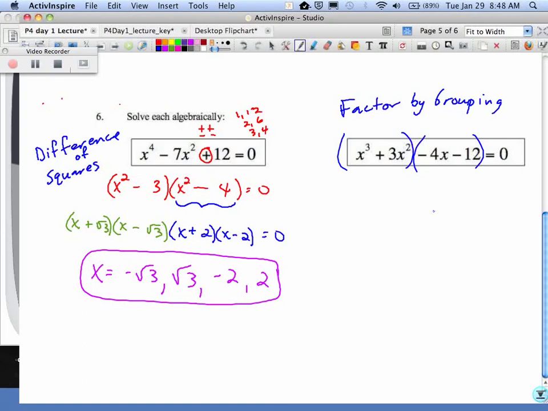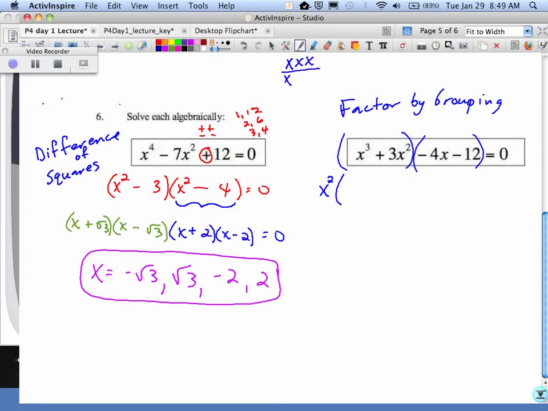Now, one of the things I watch is some students have difficulties with this x cubed and all this stuff. X cubed can be written as 3 x's on the top. X squared can be written as 2 x's on the bottom. And literally, when you factor the x squared out front, you are dividing. So what happens when you divide?